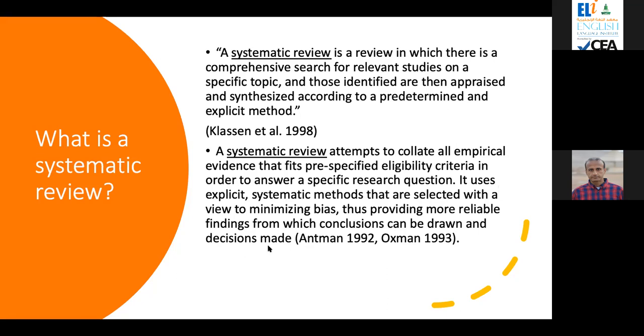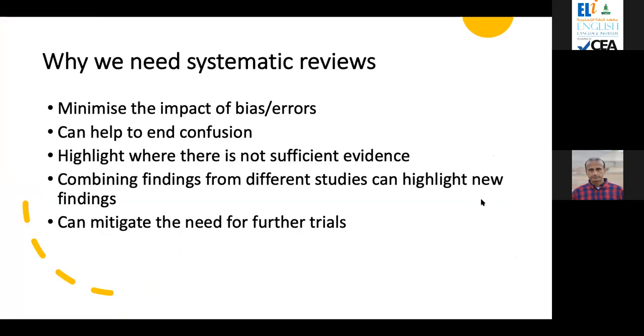Therefore, the standard or the criteria for selecting studies is very crucial in this kind of systematic review. Right. So now, why do we need systematic reviews? Now, this is an important question that we will look into.